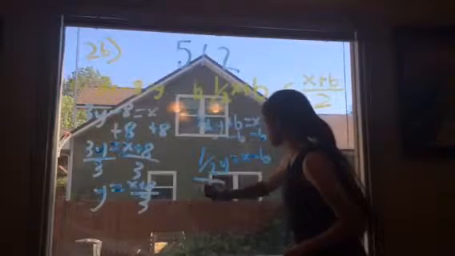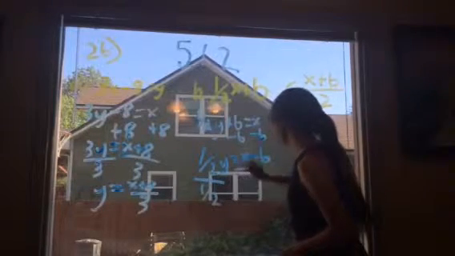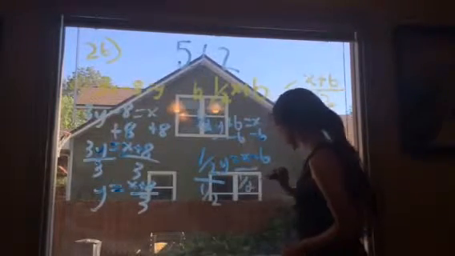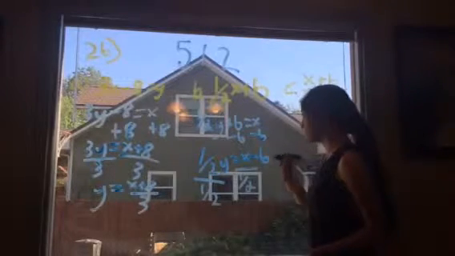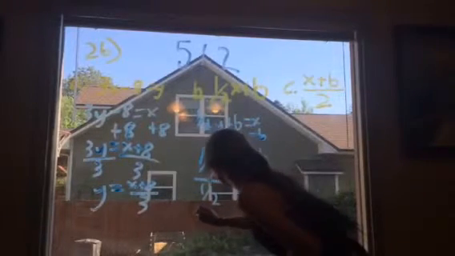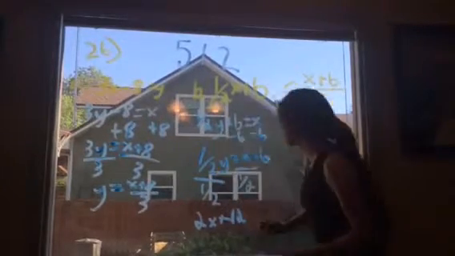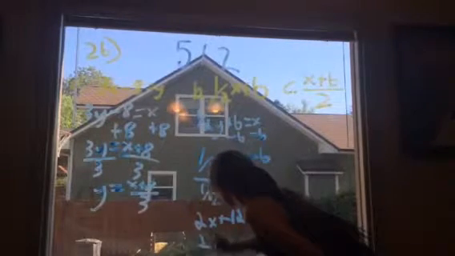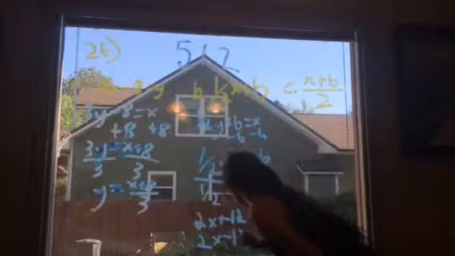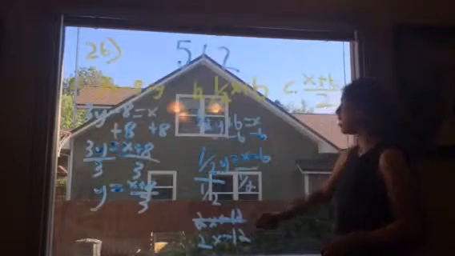Then you're going to divide by 1/2 on each side. In reality, you're multiplying by 2. So you'll have 2x minus 12. 2x minus 12 is the opposite of 1/2 x plus 6.